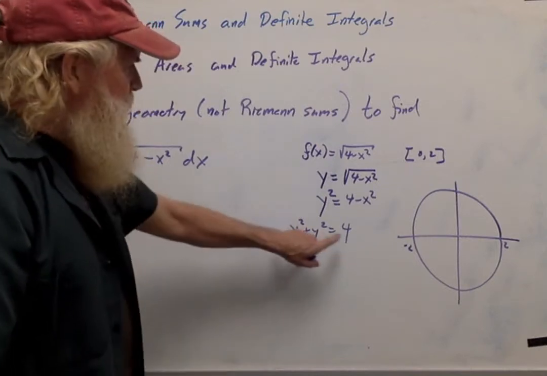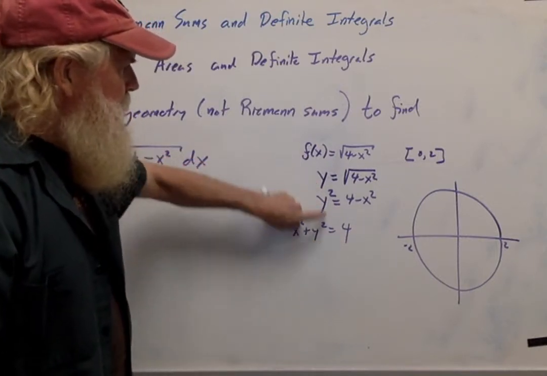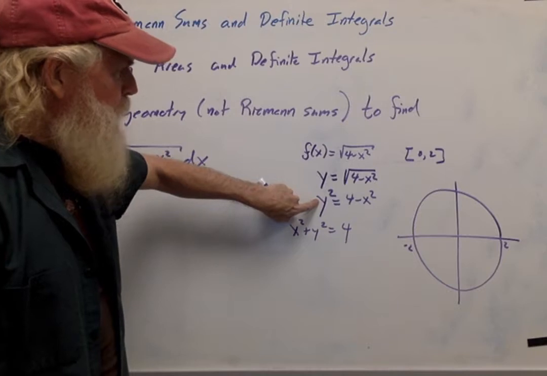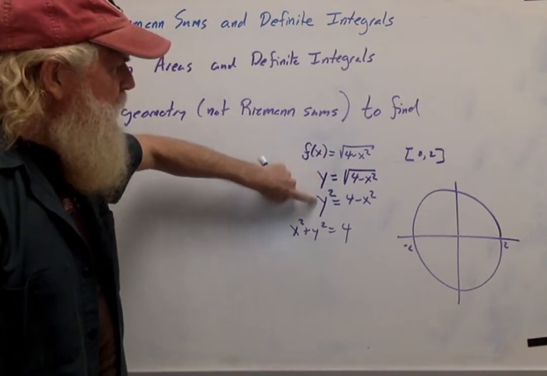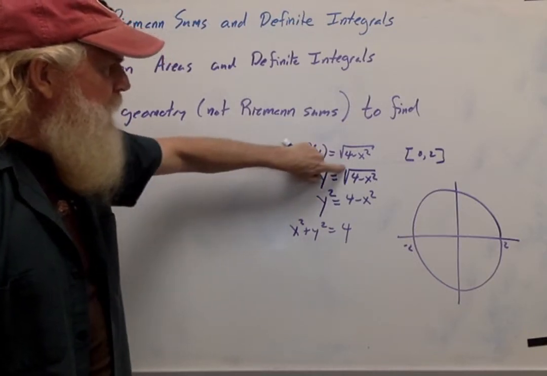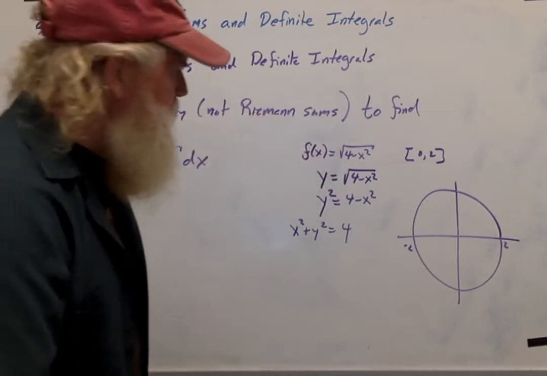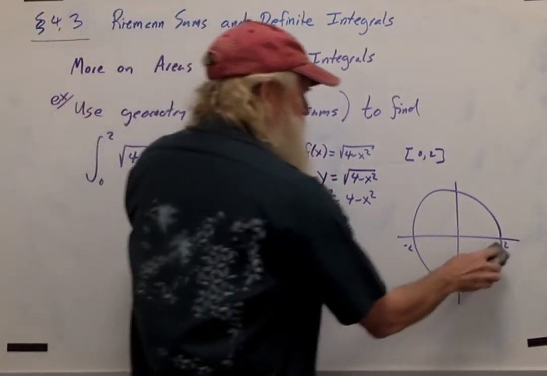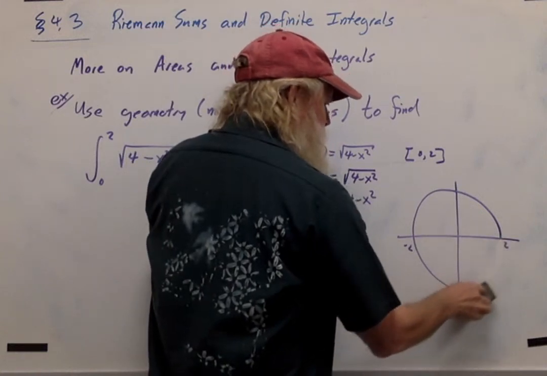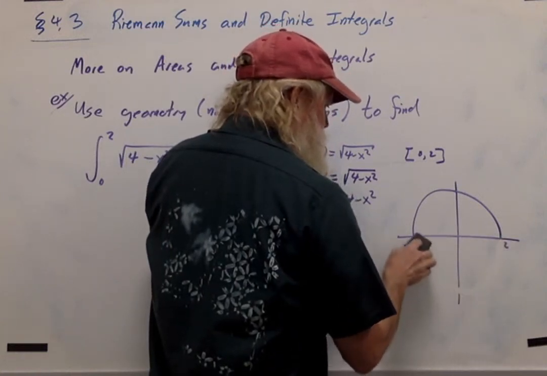Now, if I work my way backwards, I have y squared equals 4 minus x squared. If I were to take square roots, I'd actually get a plus or minus square root. So since we're working only with the positive square root, the graph of this function is actually only the top half of this circle.